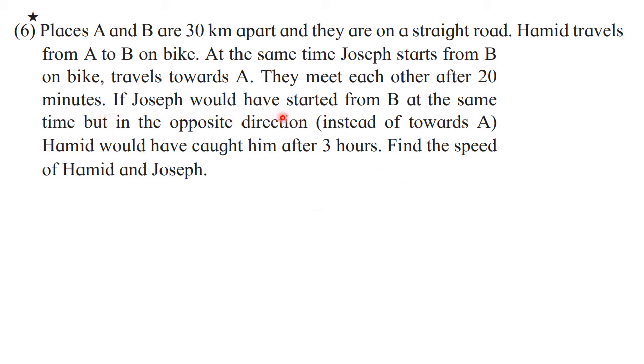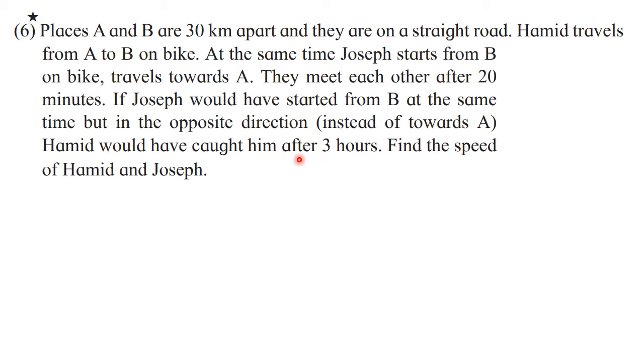If Joseph would have started from B at the same time but in the opposite direction, instead of towards A, it is given in bracket. Means what, he is not going towards A, but he is going in opposite direction. Hamid would have caught him after 3 hours. Find the speed of Hamid and Joseph.